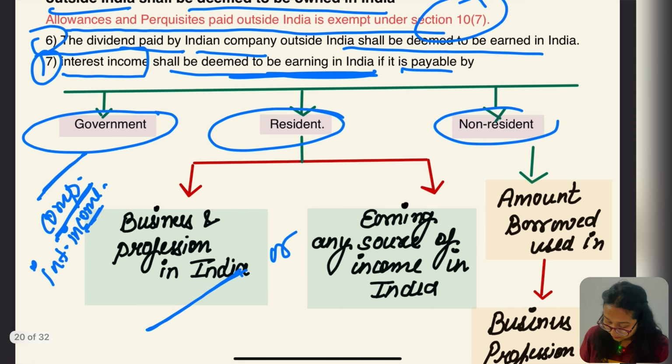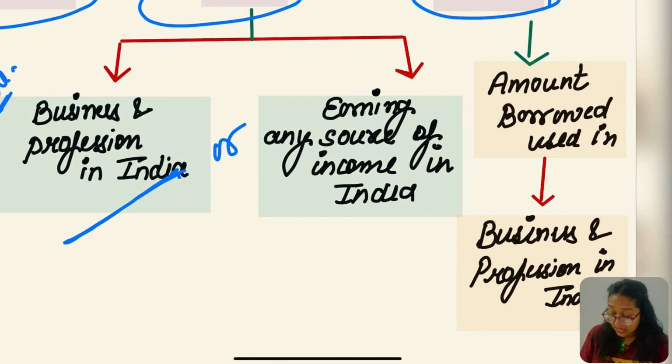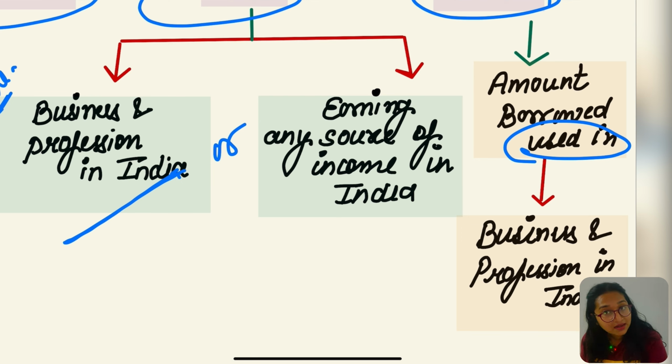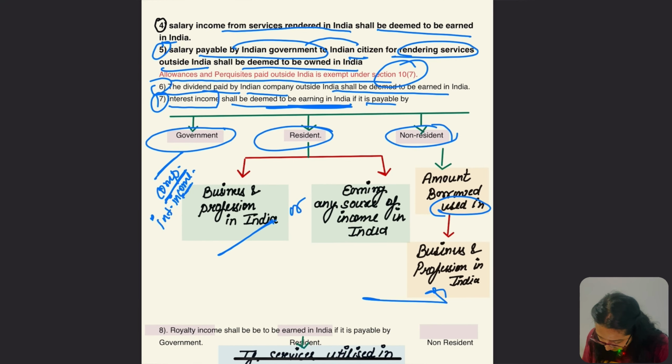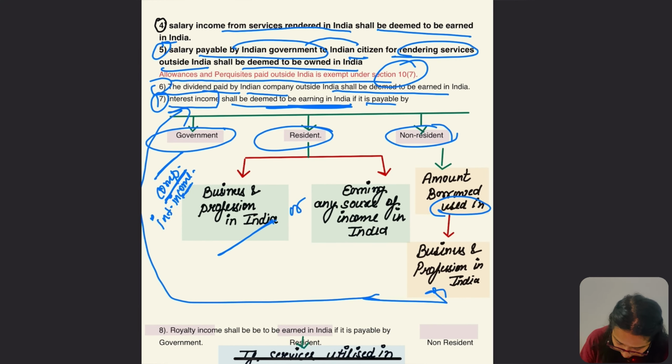But for the non-resident, if the amount borrowed is used in business and profession in India, and the interest is earned from this business income, it would be deemed to be earned in India.